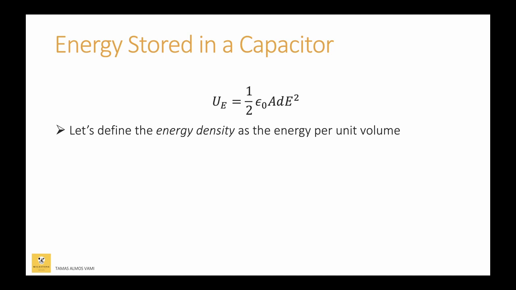So if we define an energy density as the energy per unit volume, right? We were discussing charge densities, which were charge per volume. Now energy density could be defined in the same way as the energy by the volume. So let's just call this energy density lowercase u, and because it's for the electric field, let's put an extra e into the index.